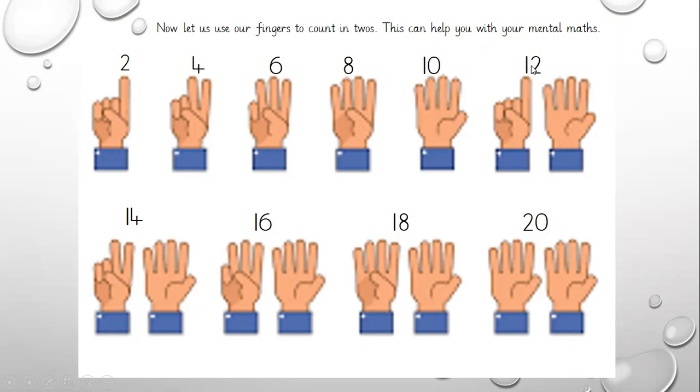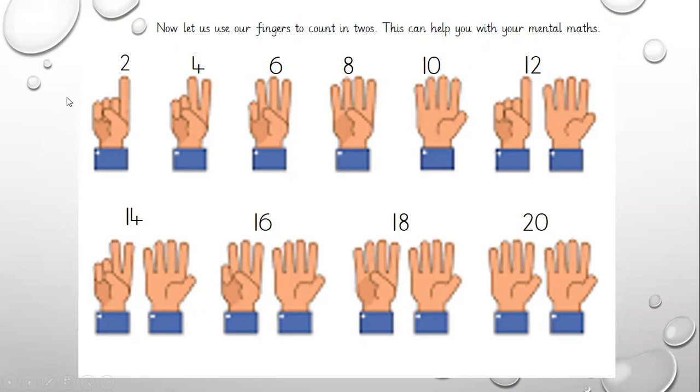6 times 2 equals 12. 7 times 2 equals 14. 8 times 2 equals 16. 9 times 2 equals 18. And 10 times 2 equals 20. Now I'm going to count it again.